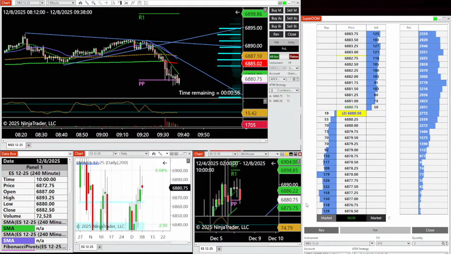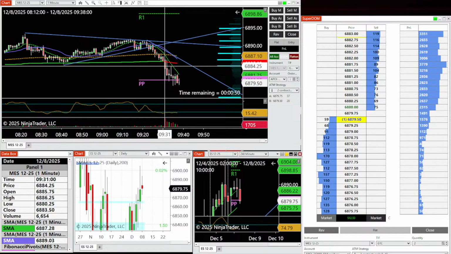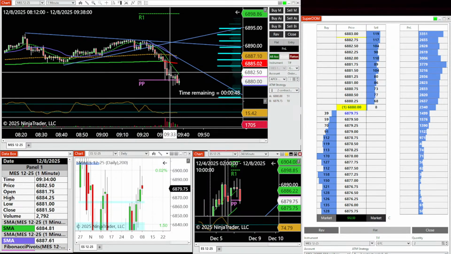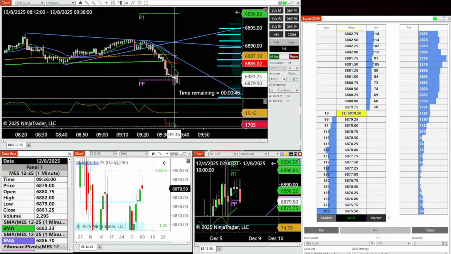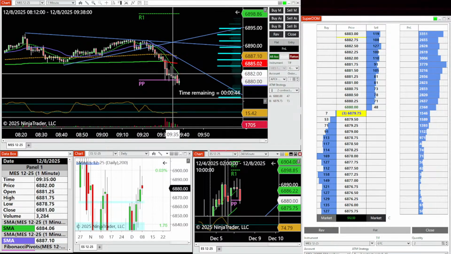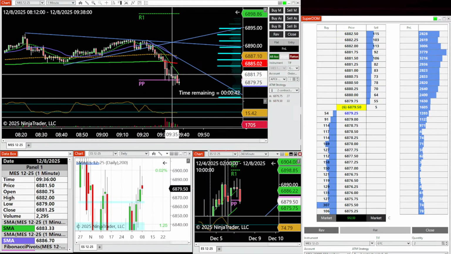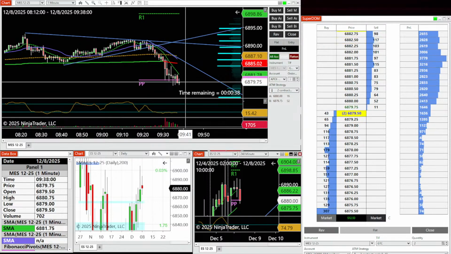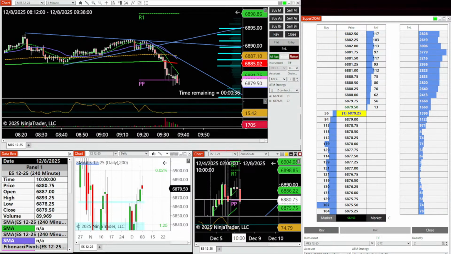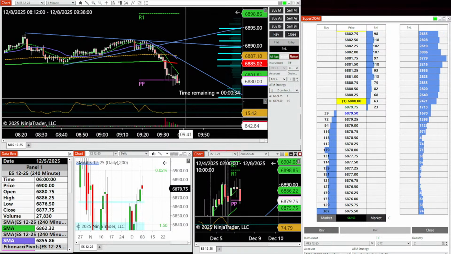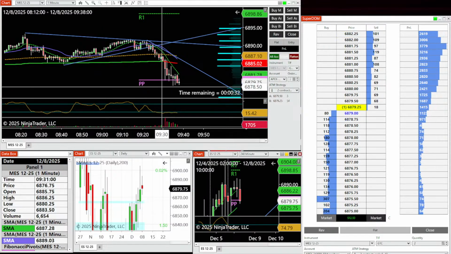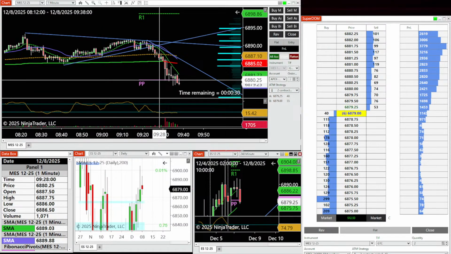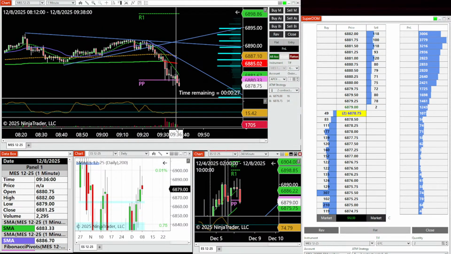We got some whipping around here. We got some wicks here, so we're whipping. Price keeps coming back into the 82, the open level. Can we get above the pivot and stay? Can we stay above 80?